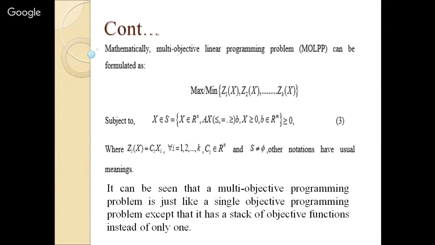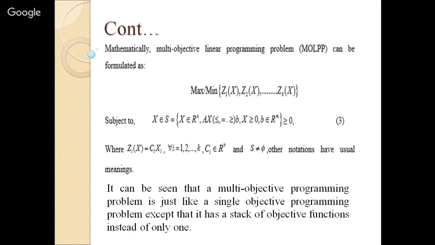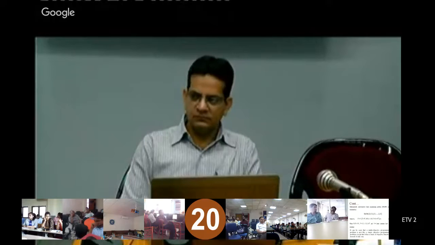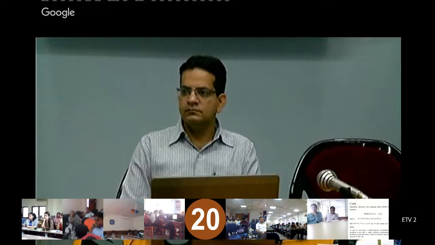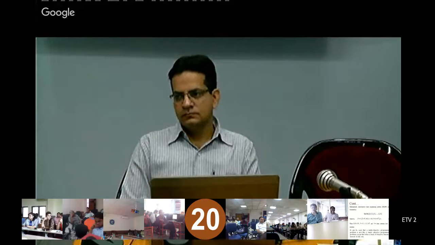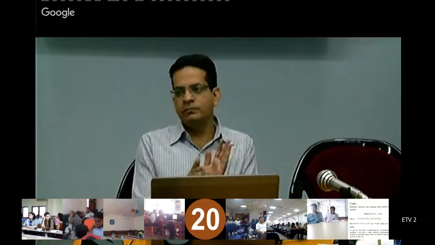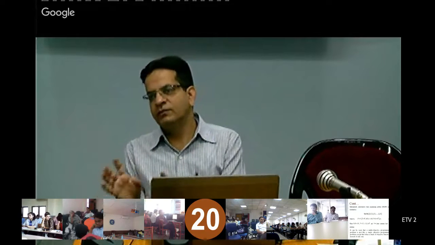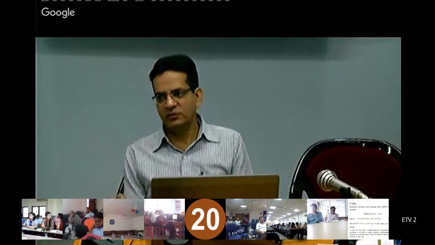Any objective function may be maximizing or minimizing. It may be a combination of maximizing and minimizing, or a combination of all maximizing or all minimizing. So any choice may be there. Either some of the functions are of maximization and some of the functions are of minimization. So it is also a multiple objective program.